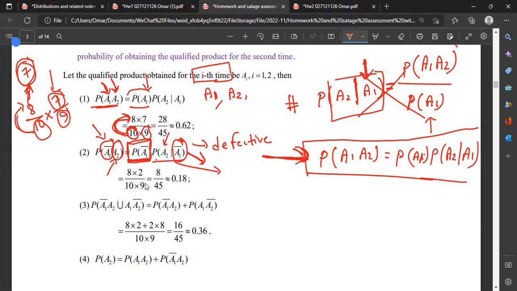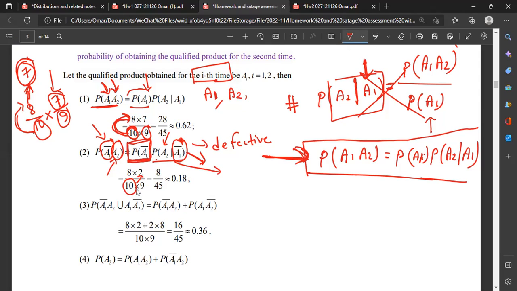So let's see here. The first time it is defective, right? So 2 out of 10. In this answer, it's written in such a way that it confuses us, okay?